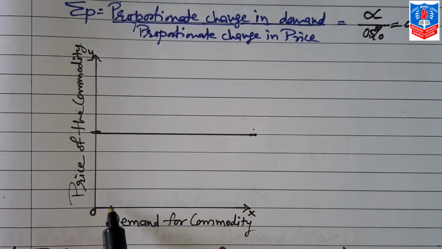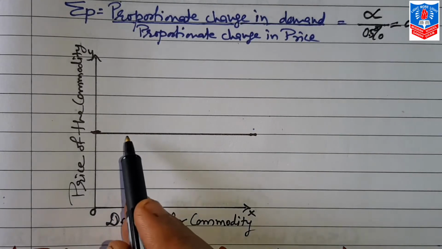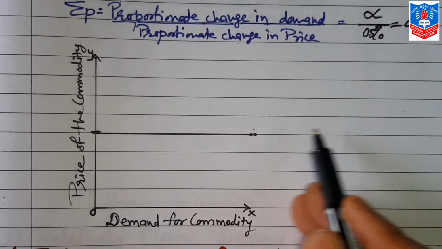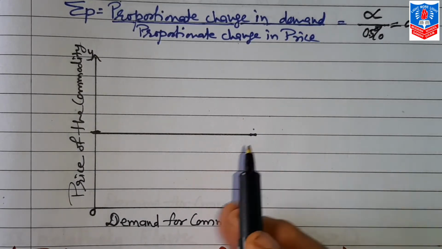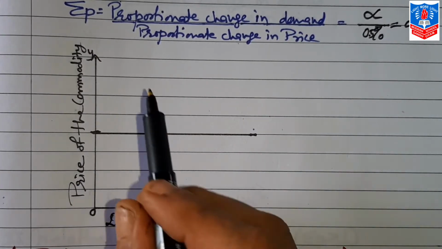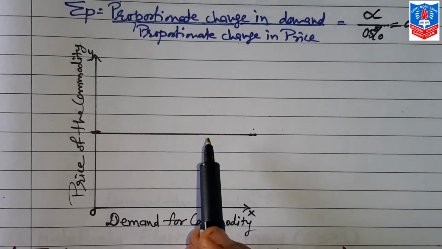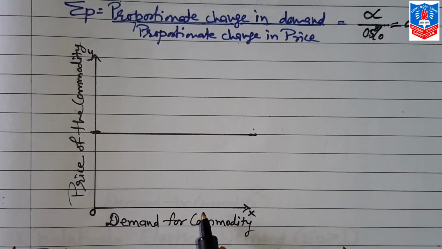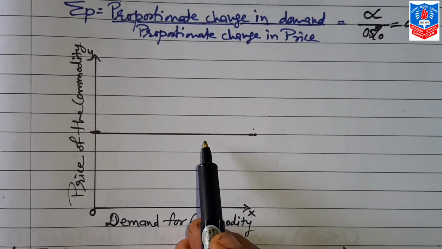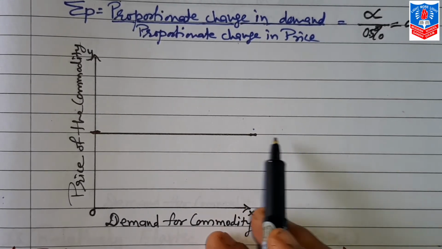From here it starts 0, 1, 2, 3, endless, infinite. That is why for perfectly elastic demand we get a horizontal straight line parallel to the x-axis.